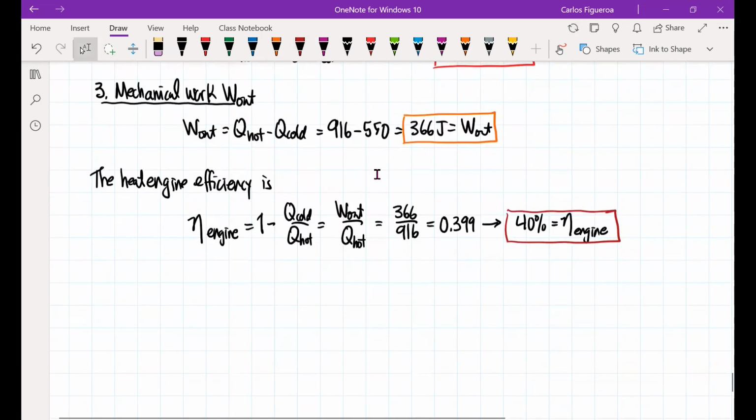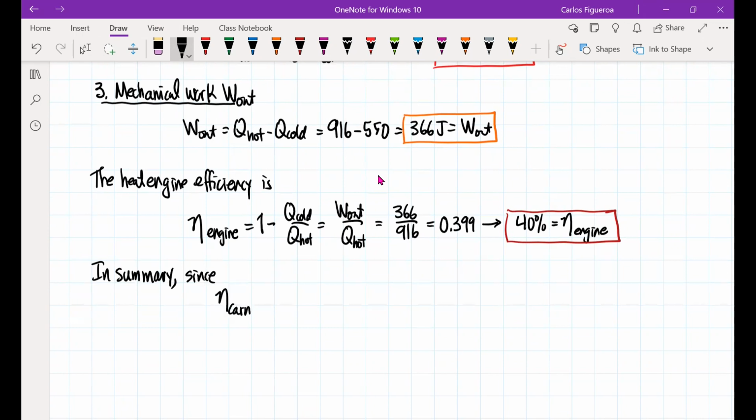So in summary, since the Carnot efficiency is greater than the engine efficiency, this does not violate the second law.